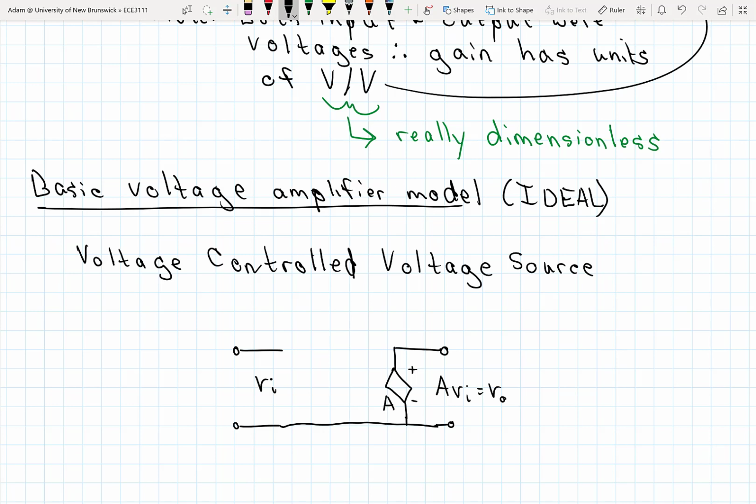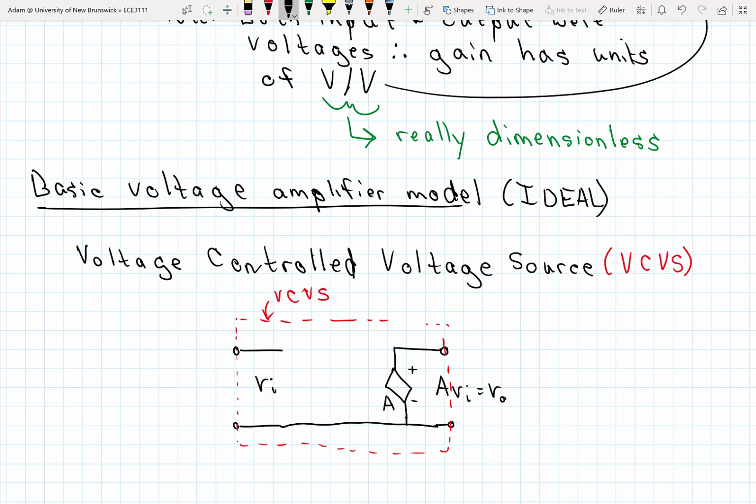So this is my output voltage that's produced. Okay, so if I were to wrap this in a box here, kind of like my black box that I started with, this is my voltage controlled voltage source. Okay, so often abbreviated voltage controlled voltage source, or VCVS.